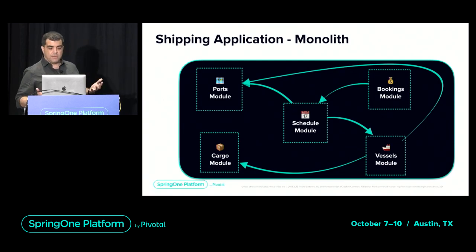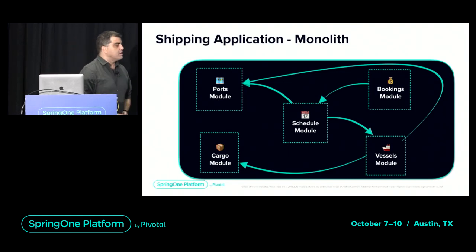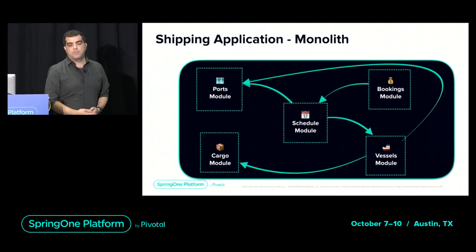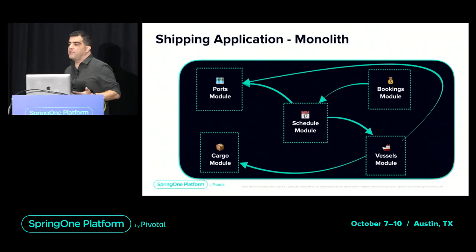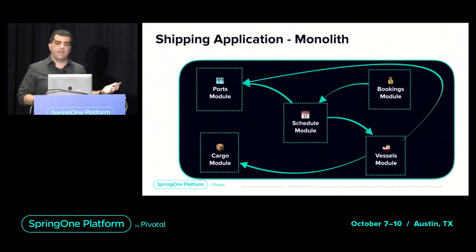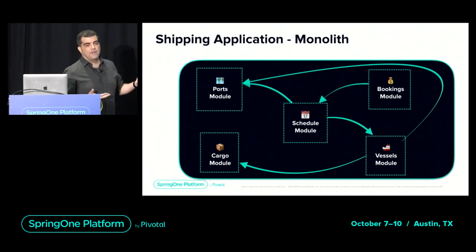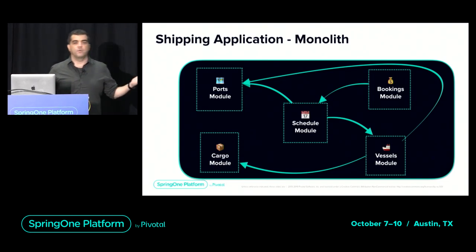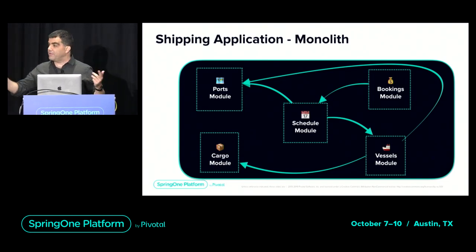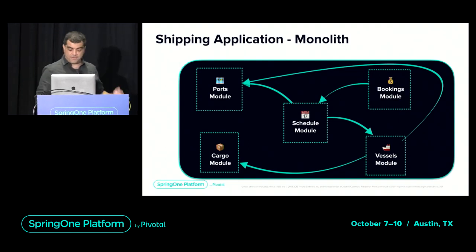And these components are well structured, so you can say that these implement business capabilities. But we rarely define microservices architecture in this way, right? This is a modular monolith. This is a well-structured monolith. How many of you have actually seen one of these in real life? Good. So we have a few.